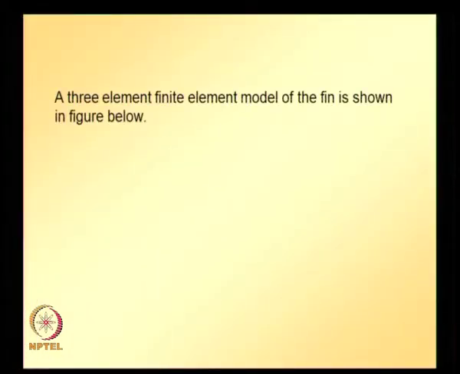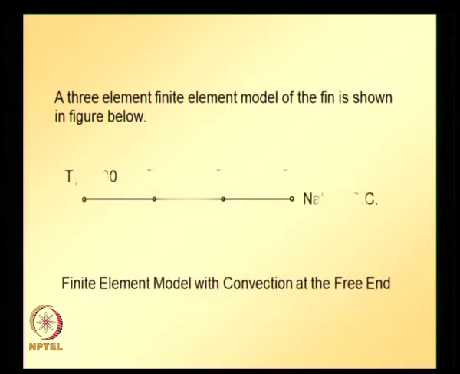The 3 element finite element model for the fin is shown in the figure, and T1 is given already as 330 degrees centigrade, and for T4 we now need to apply this convection boundary condition, which is a natural boundary condition. The element equations for elements 1 and 2 are going to be identical to what we already have from the previous example, and the element 3 equations are going to be modified a little bit because of the contribution from k alpha and r beta.